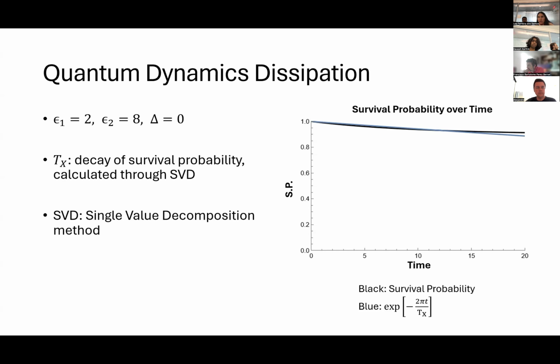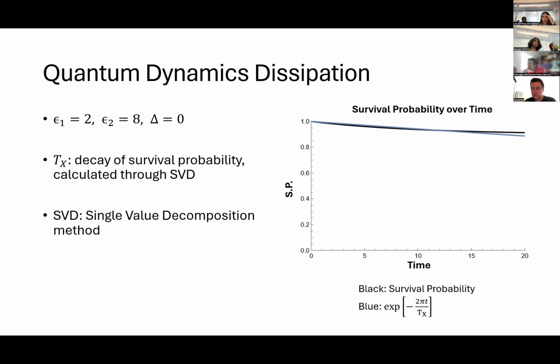I see. The equation for it is down here. Is that the exponential of the Lindblad operator? Not exactly. It's a value that you get by using the singular value decomposition on the Lindblad operator. Okay, so it's a method that you use.